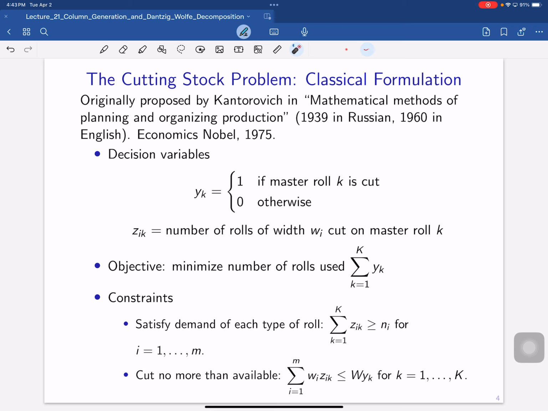Or maybe anyone else have some thoughts here? Well, first of all, you can observe that the problem has a lot of symmetry, because each of the rows is identical. You don't really care which row you select. So y_k just decides whether a row is cut or not.